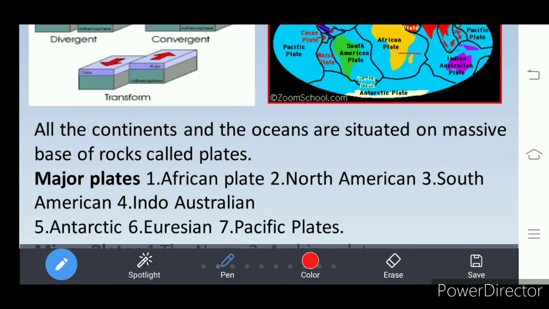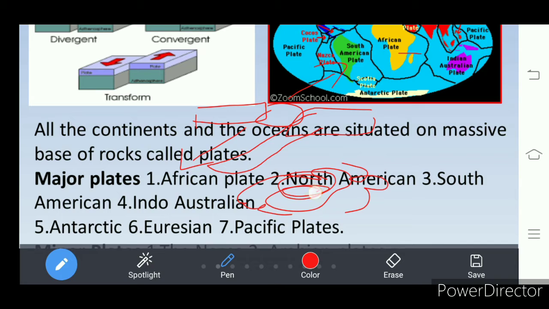Look at here. This is the plate I have drawn here. Another plate is there. When these two plates meet at this point, one plate dips into the mantle, another plate rises above. Then whatever material is present in the mantle comes out and forms mountains.